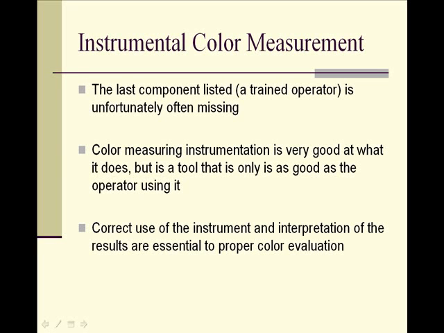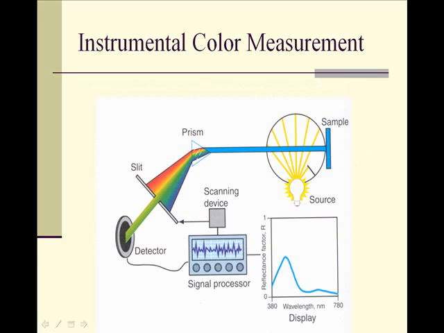So here's a picture of our instrumental color measurement, kind of a schematic of what goes on in the instrument. The light source shines on the sample. This happens to be a sphere type unit. So the light hits our sample, in this case a blue sample, bounces off, is collected by the sphere, and goes through our device, a prism in this case, that splits it into individual wavelengths.